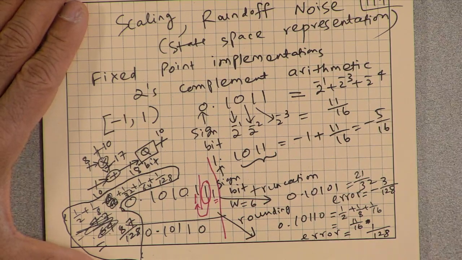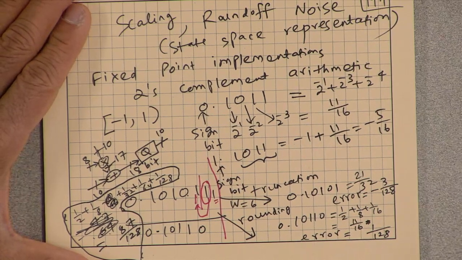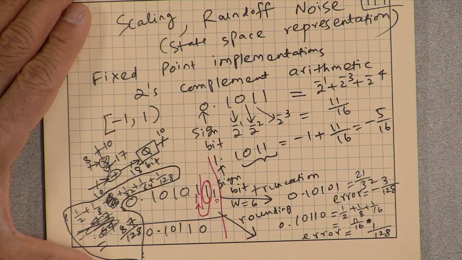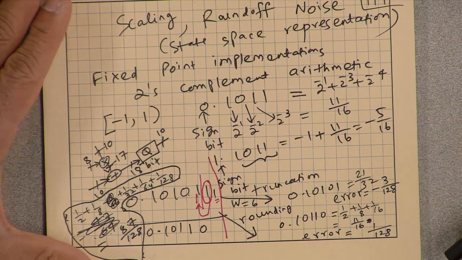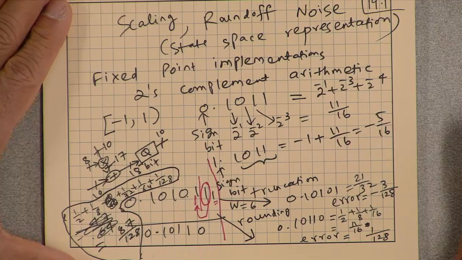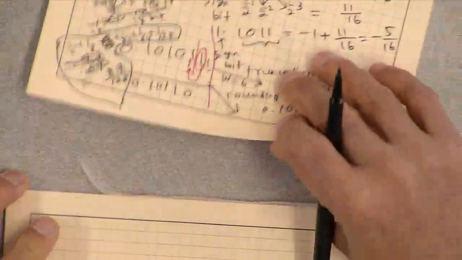So the maximum error by truncation is always going to be 2 times the maximum error by rounding. So rounding always is going to have a smaller error than truncation.